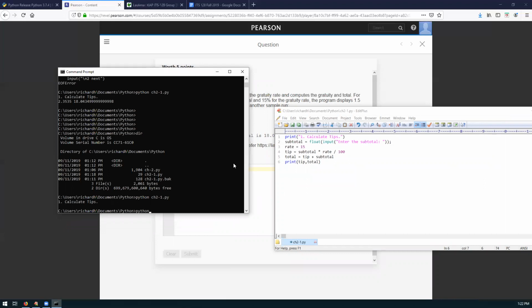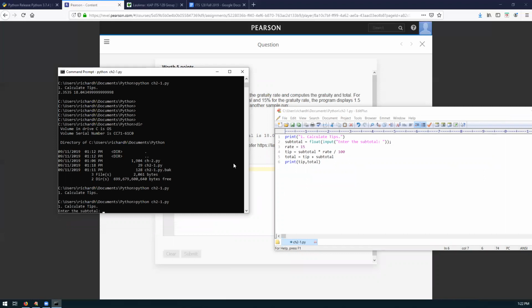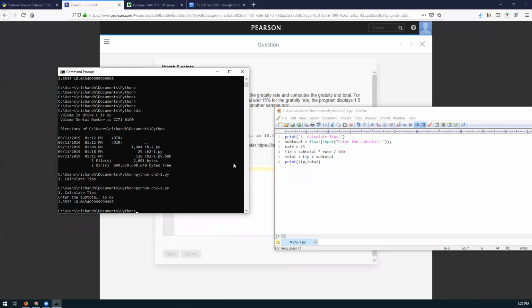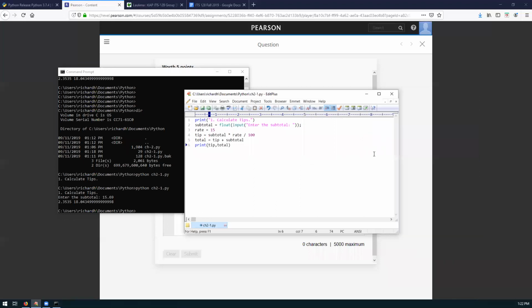Python, ch2-1.py. Calculate tips. Enter subtotal: 15.69. Okay, so it calculated. Let me make this smaller.